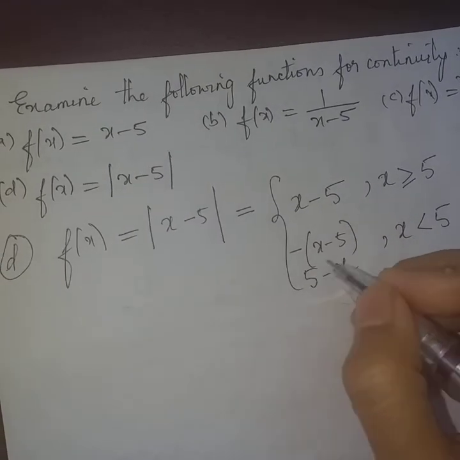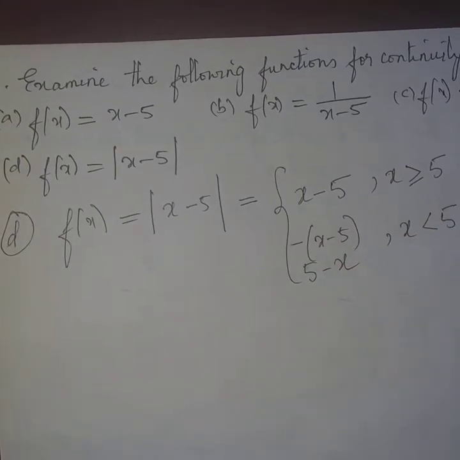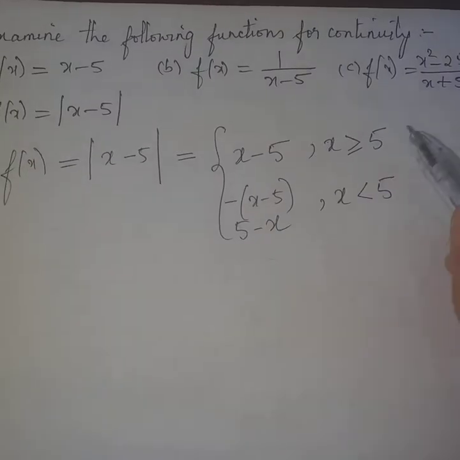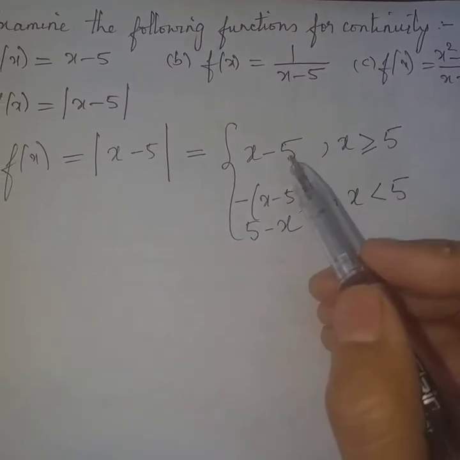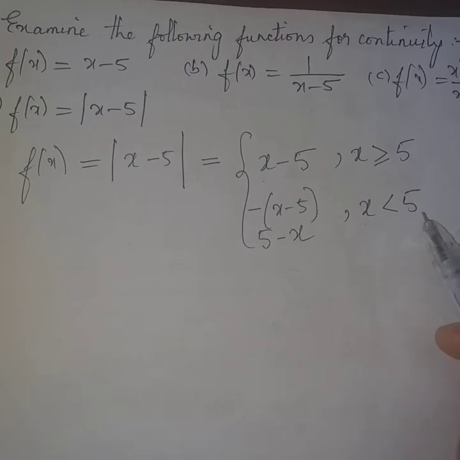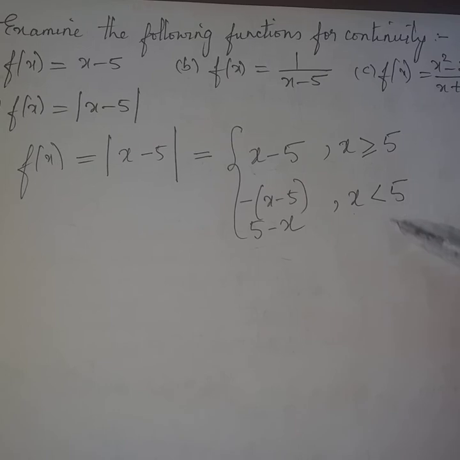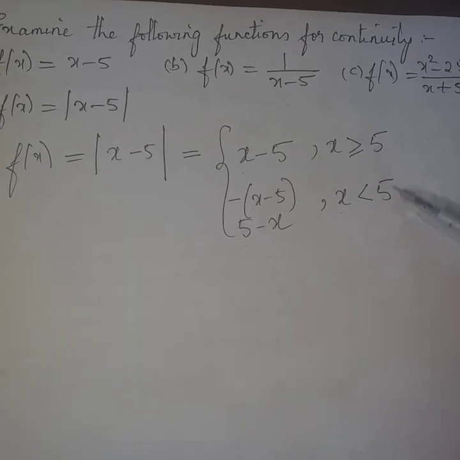So this is the modulus function, we can write it like this. At x greater than or equal to 5, this will be the value of the function, and at x less than 5, this will be the value of the function. So here the function is divided, breaking at the point 5.